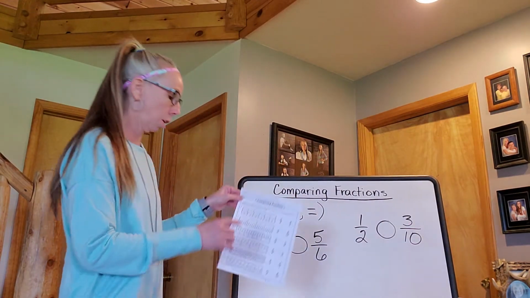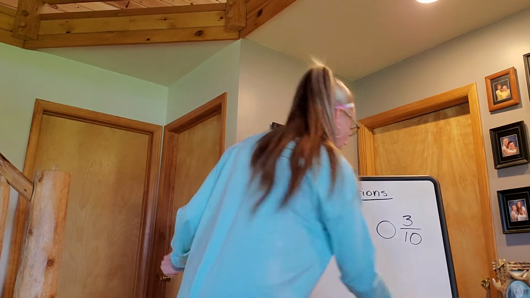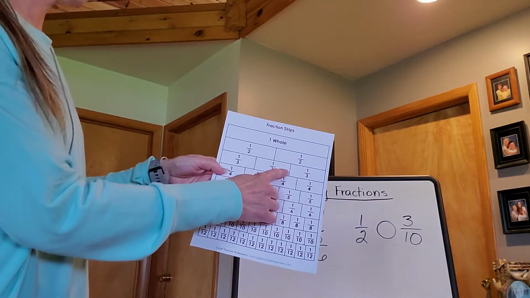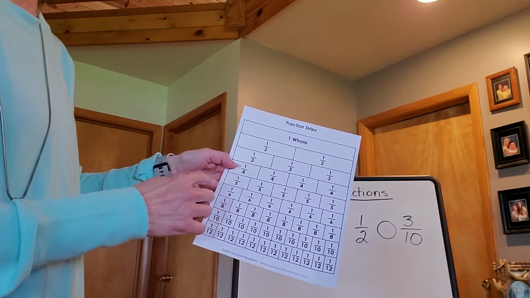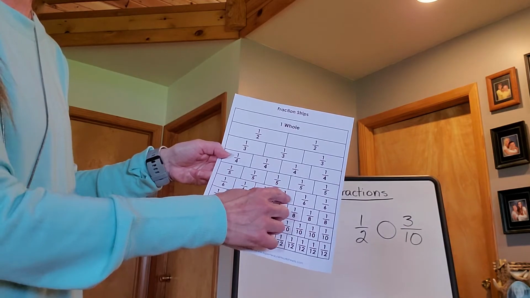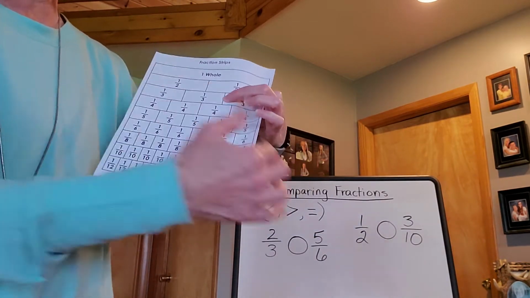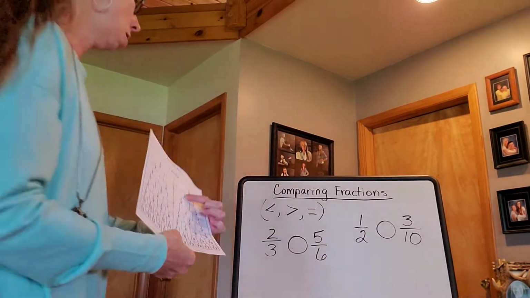You could use your coloring on your worksheet itself. That's a second way to prove. Or you could use your fraction strips. We could look at 2/3 would end about here. And then we're going to compare 5/6. 1, 2, 3, 4, 5 of those 6 pieces. So we're comparing 2/3 to 5/6. And you can see which one is longer.